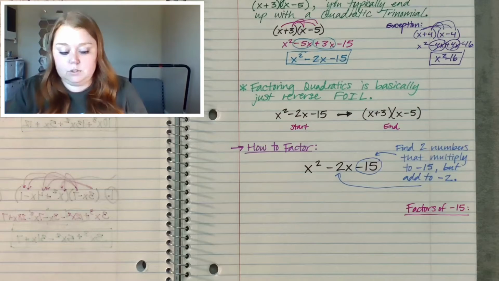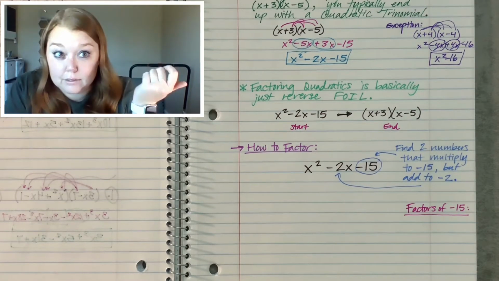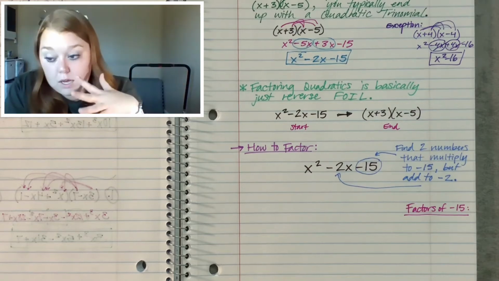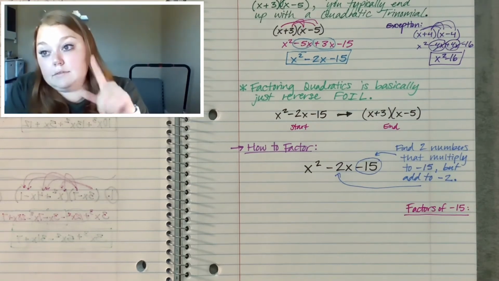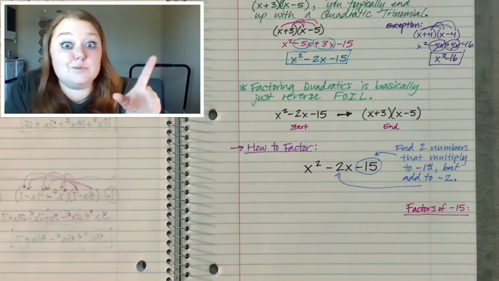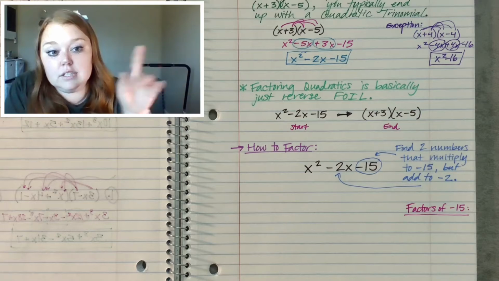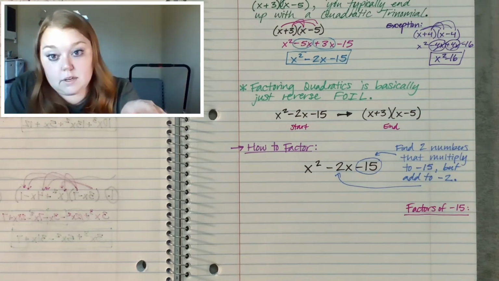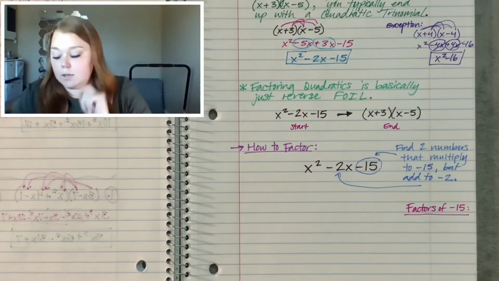So in order for me to times two numbers and get a negative, one of them has to be negative, right? Because positive times positive is positive. Negative times negative is positive. So the only way to make a negative answer is to do a positive times a negative. Okay, one of them has to be positive, one of them has to be negative.